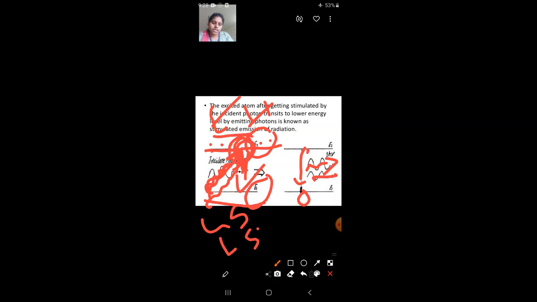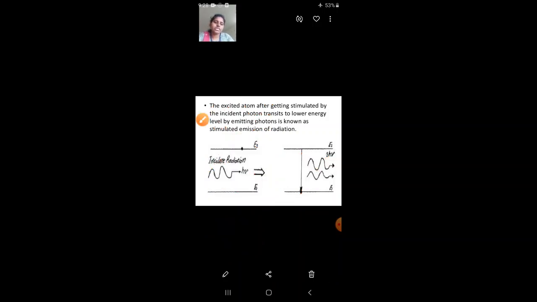Normally this transition emits one photon, and again we incident some external energy, so that is released as another photon. So they emit two photons here.